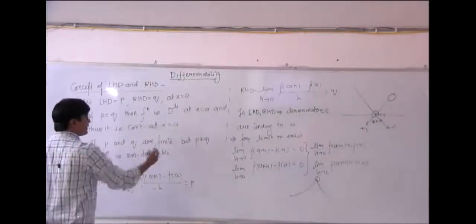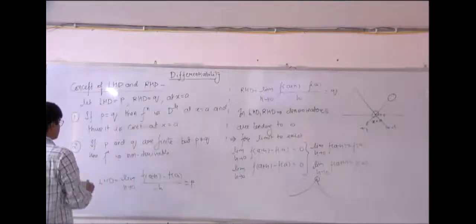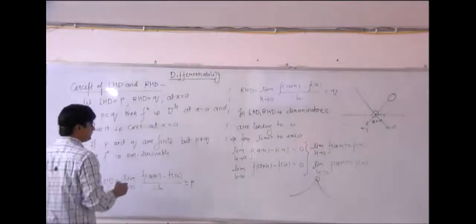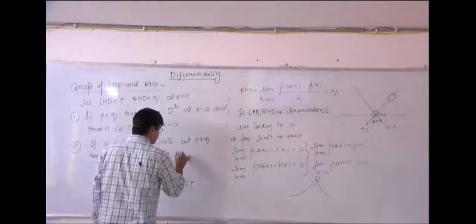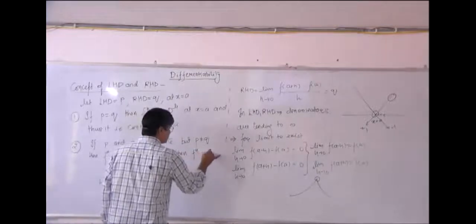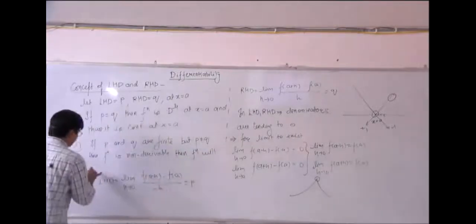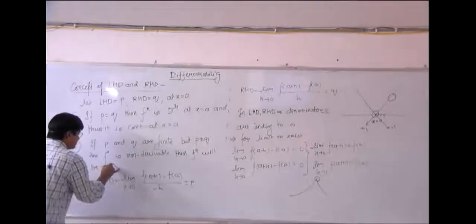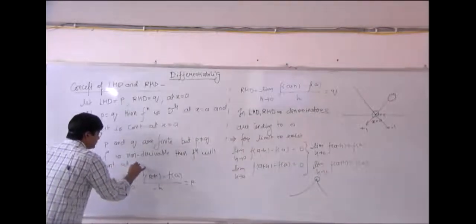If P and Q are finite, but P is not equal to Q, then function is not derivable, but function will be continuous at x equal to a.